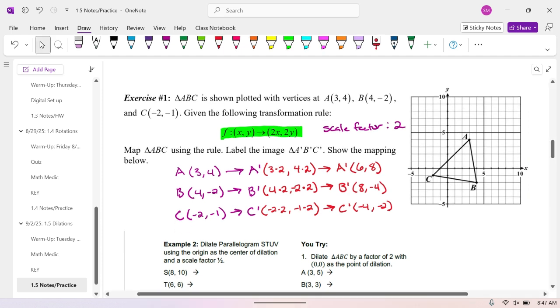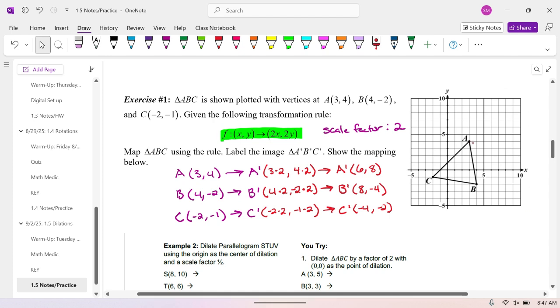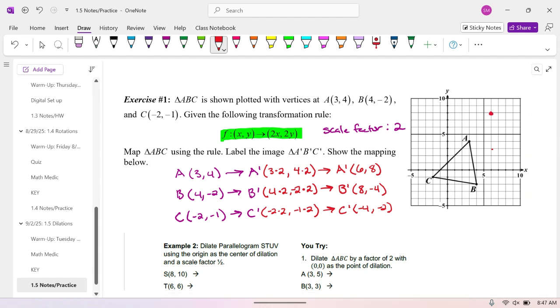So if we take a minute to map it out, I would have at (6, 8), that's my new A prime. (8, -4), that's B prime. And then (-4, -2) is C prime.